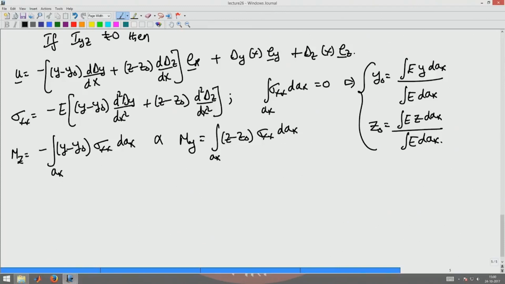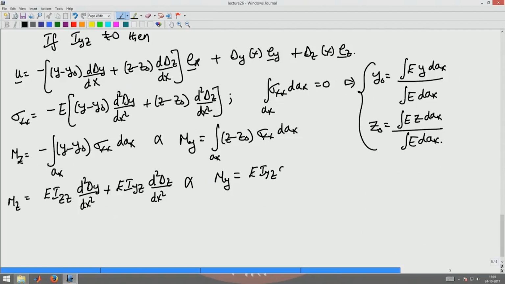Now, this will tell us that Mz is given by E times Izz d square delta y by dx square plus E times Iyz d square delta z by dx square, and My would be given by E times Iyz d square delta y by dx square plus E times Iyy d square delta z by dx square.